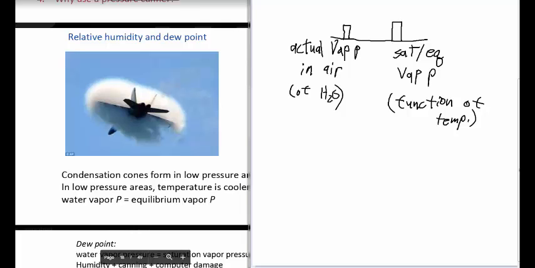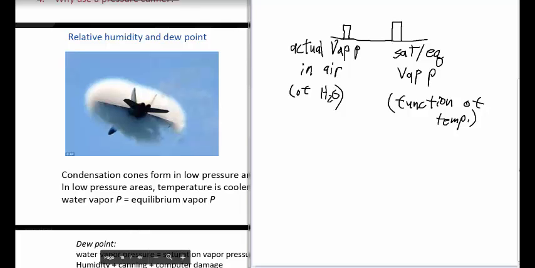In a low pressure area, the air must be less dense, and therefore more expanded. And we know from last semester that when a system of gas expands, it is doing work on the surroundings and therefore losing energy. Now, if this sample of air lost energy, it's going to get colder, and there you have it.